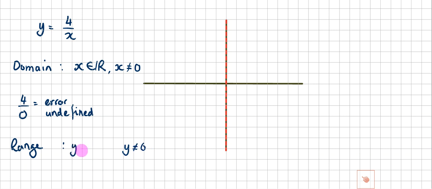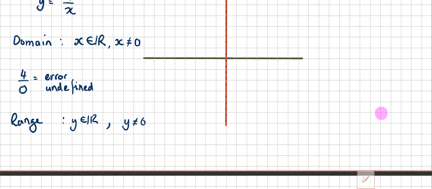Now, Steph also mentioned the range, which is, he said y cannot equal 0. Could we write that y can be anything else? Why is it not equal to 0? What's the problem with it? If it was 4 over x equals 0, and I tried to solve for x, what would I get?